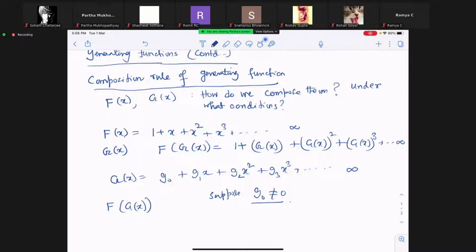Then what might happen is that in this infinite expression, coefficients of terms can come in an unbounded number of ways. Can you feel that? Suppose I want to compute the coefficient of x to the n. That will end up like an infinite summation.